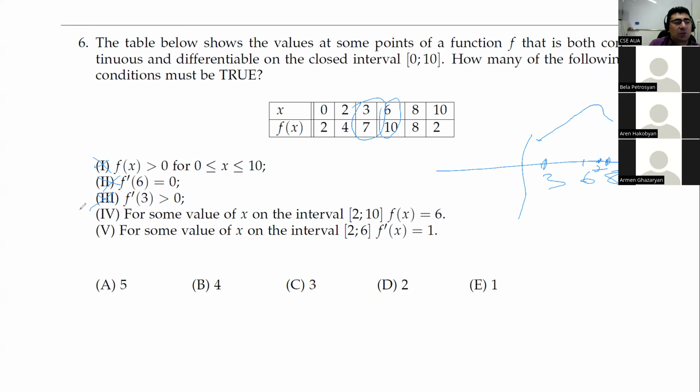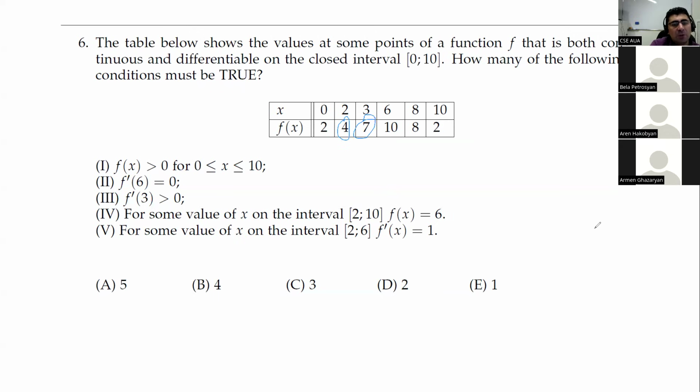Okay, let's discuss the fourth statement. Should it be true? Yes, in between 2 and 4? Say again, why should it be true? Because it goes from 4 to 7, so it must also be 6 in between.